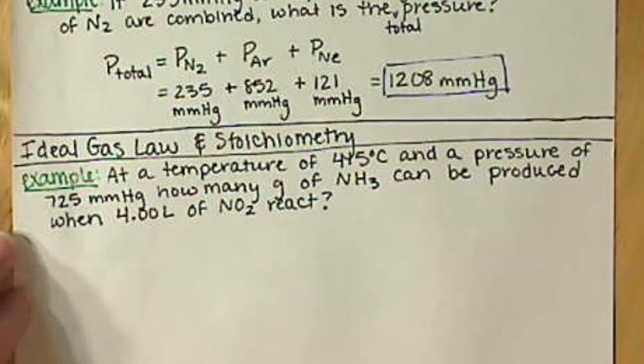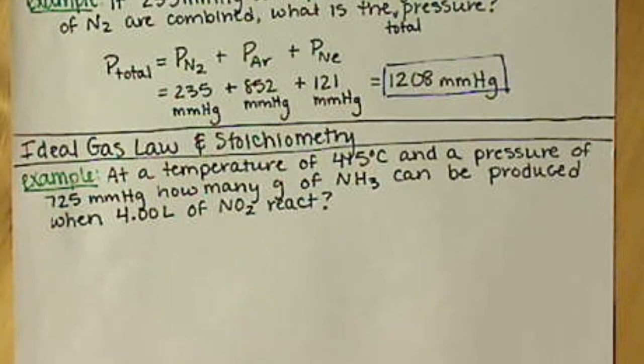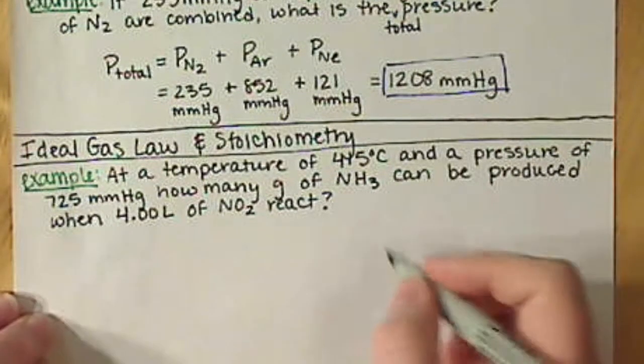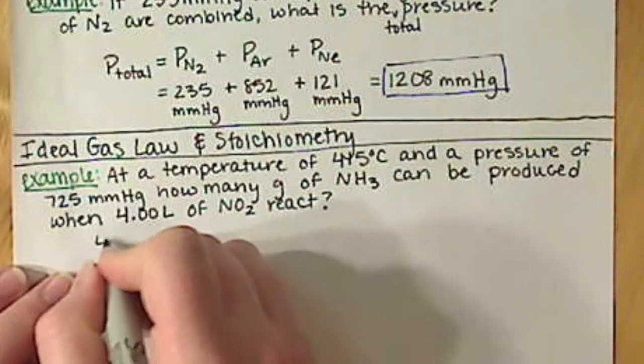So at a temperature of 415 degrees Celsius and a pressure of 725 millimeters of mercury, how many grams of ammonia, NH3, can be produced when 4 liters of nitrogen dioxide react? And we are shown a balanced chemical equation.